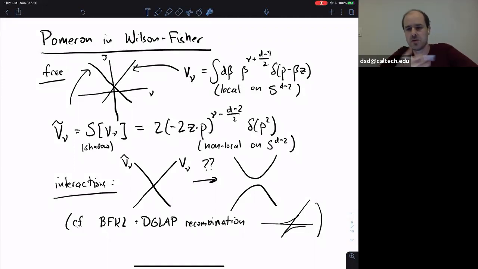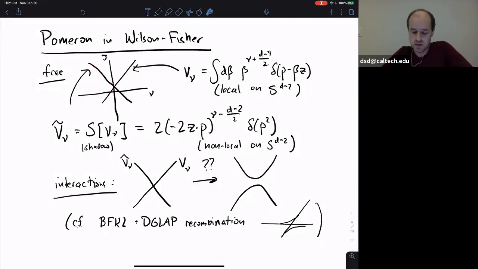So the operators in the free theory can be classified according to phi number, and I'm just looking at 2 phi operators for simplicity. So we have the null integral of the stress tensor here, the null integral of the spin 4 current here, and the analyticity in spin tells us that we have a whole trajectory. And then shadow symmetry means that we also have this other 45-degree trajectory here.